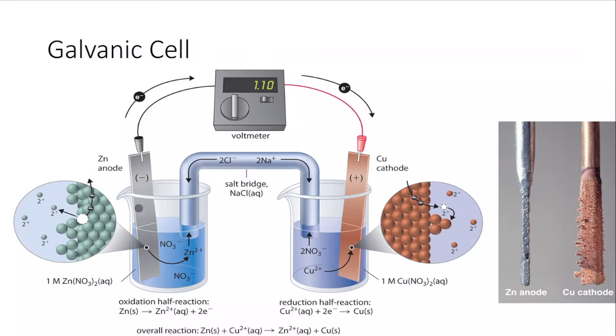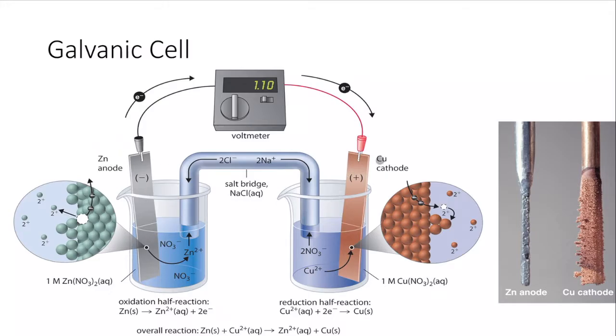Now I'm concerned about the structure of the galvanic cell. We have a zinc strip dipped in zinc nitrate solution, and this is the anode half cell. We will talk about why it's called anode.